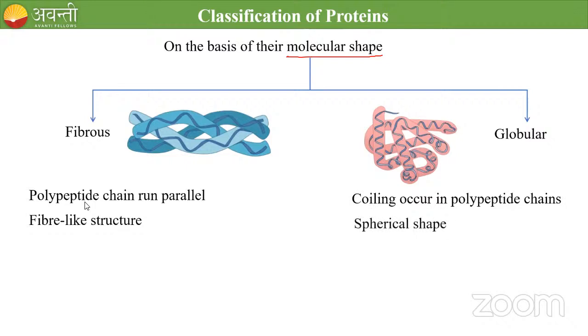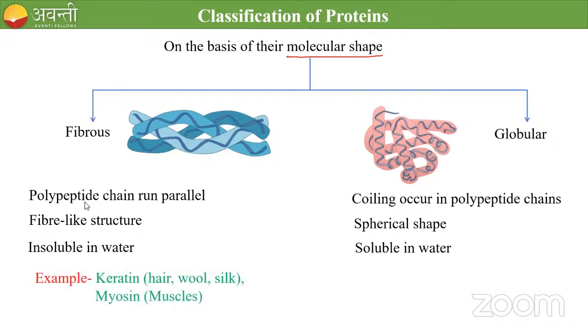Fibrous proteins are insoluble in water. Globular protein is soluble in water. The very important point is the examples which I am going to give. The examples for fibrous protein are keratin and myosin. Keratin is present in our hair, in wool and silk. Myosin is present in muscles.